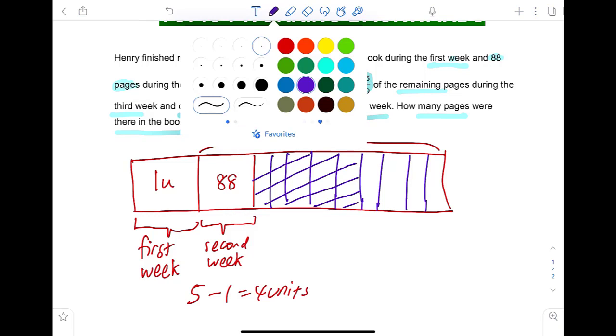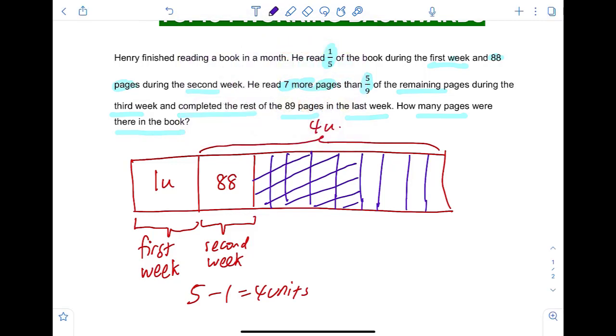So from here onwards, we still need to have another 7 pages, but I'm not sure. 7 pages, is it 1 unit? Is it 1.5 units? So we're just going to draw it until this point. And completed the rest 89 pages in the last week, which means from here all the way to the end is another 89 pages.